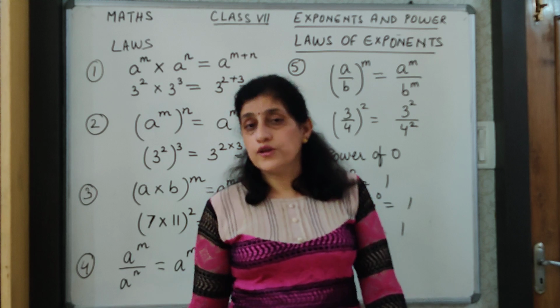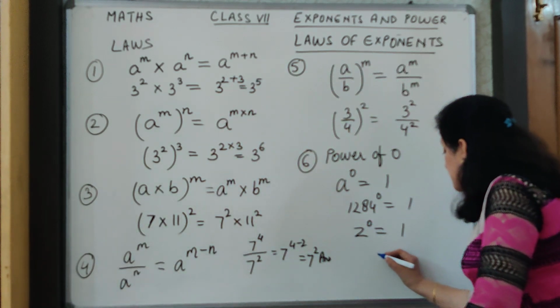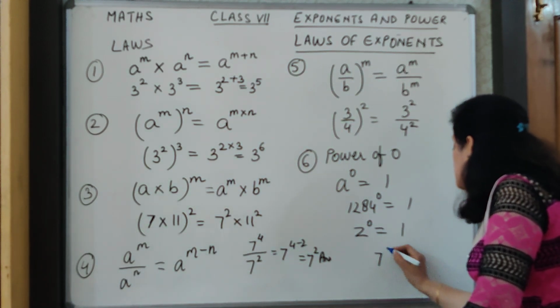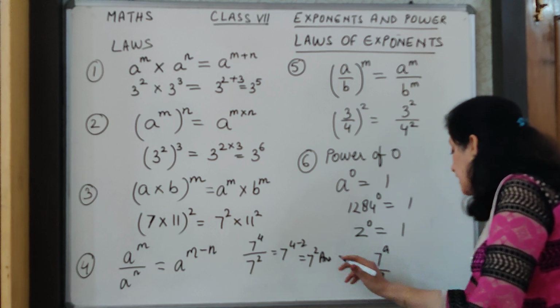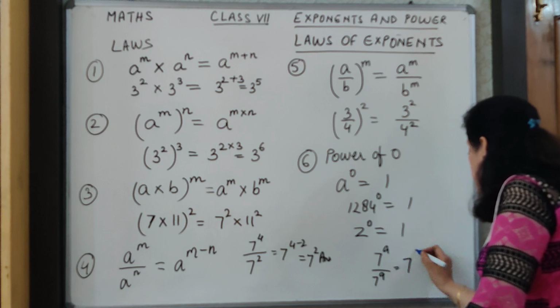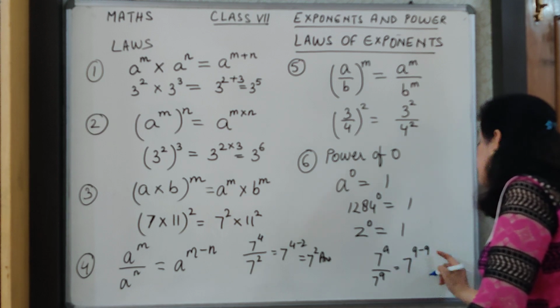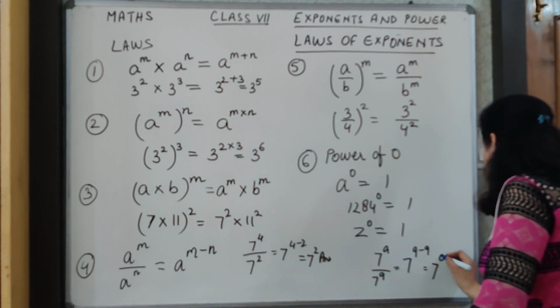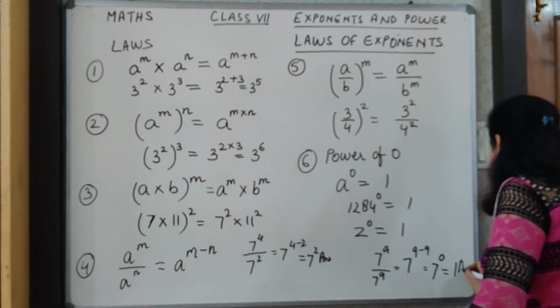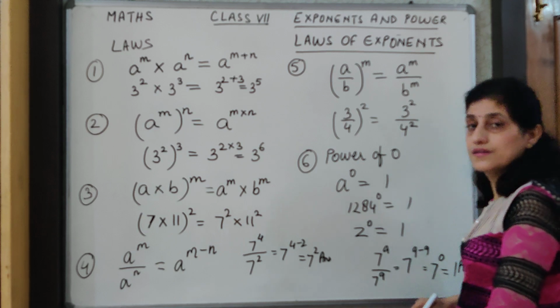Okay. Now where do we get this 1? Suppose let me take an example. Suppose I have 7 to the power 9 upon 7 to the power 9. This will be 7 to the power 9 minus 9 using this law. It will give me 7 to the power 0. So the answer will be 1.